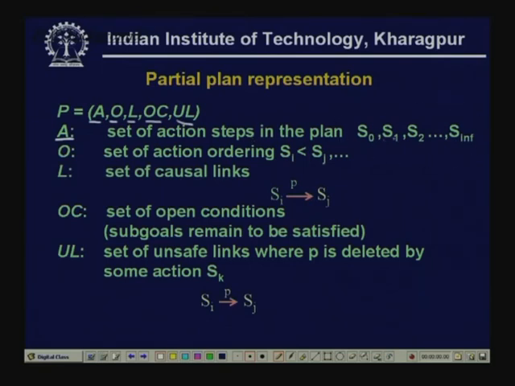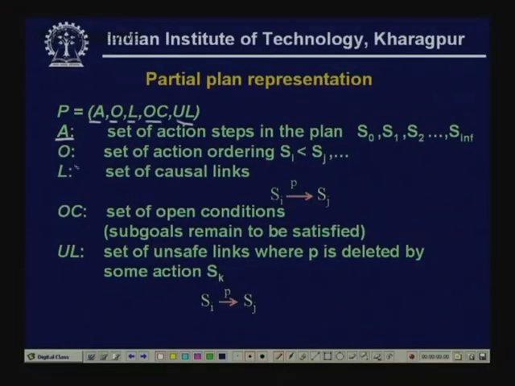So, a plan consists of the set of steps, and as I mentioned, a partial plan is not necessarily a total order plan. That is, it is not just a sequence of steps. We can order the steps according to a partial order. So, we have a set of steps and we also specify the set of action orderings. If there is a partial ordering on the actions, Si precedes Sj denotes that the step Si must occur before the step Sj in a realization of the plan.